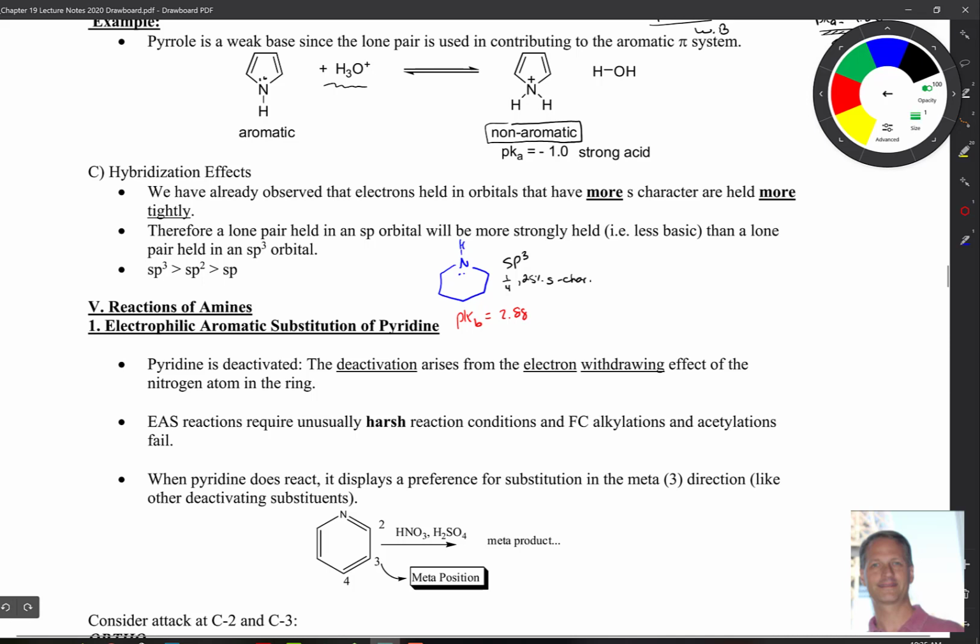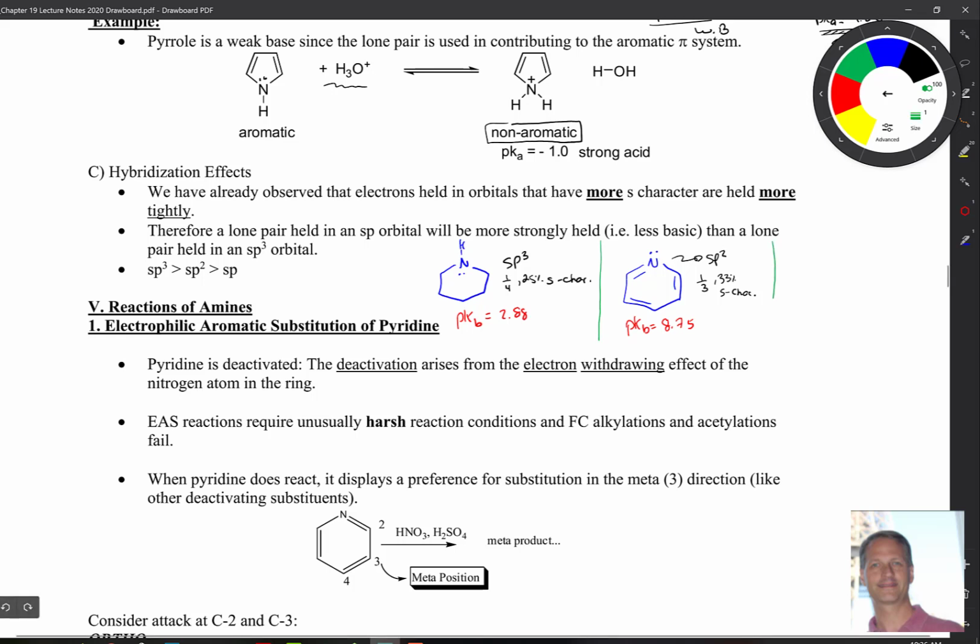All right, so then if we take a look over here and we look at a nitrogen in a similar type of environment, but let's make it sp2 hybridized. So here nitrogen is sp2. That means 1/3 or 33% s character. And then when you look this up, you'll see the pKb of this is equal to 8.75. So a lower pKb means it's a stronger base.